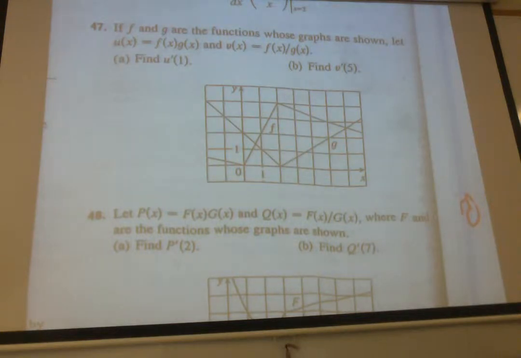So you want to be familiar with being able to find problems given a table or given a graph, or maybe given algebraic equations. So we need to find, someone said b, correct? We want to find the derivative of v at the value 5. So let's first look at what v is and how it's defined.